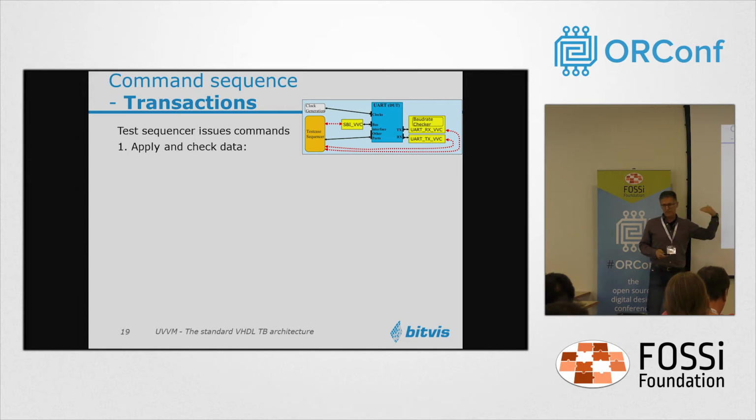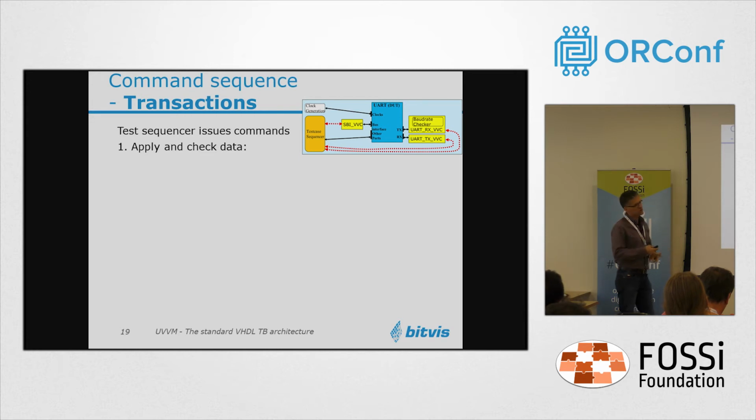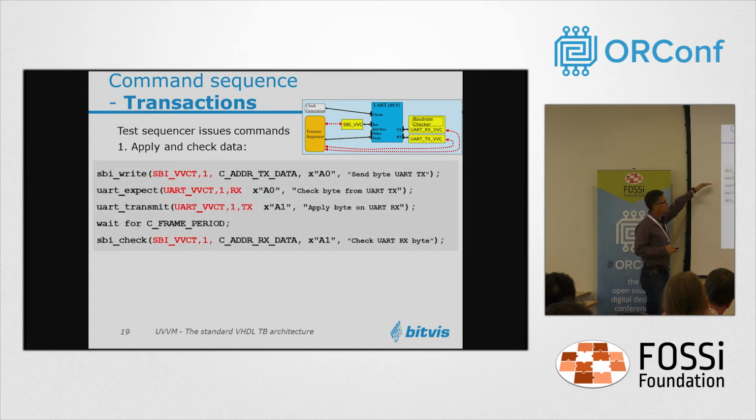So let's look at the different things we can do in this sequencer. The first thing we talked about is, of course, transactions, right? So apply and check data. In this case, we're just showing a sequence where you do an SPI write, basically writing into the TX data of the UART, that's the transmit register, telling it to write A0 on the TX output.